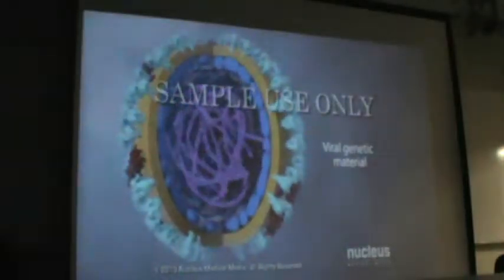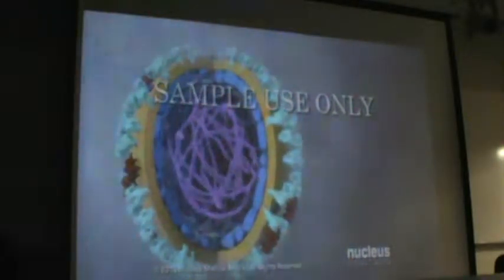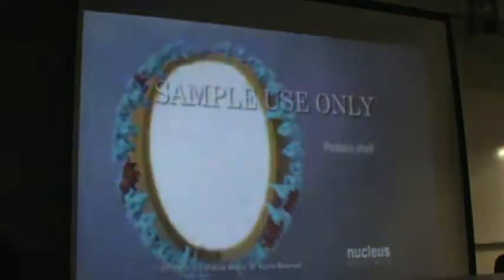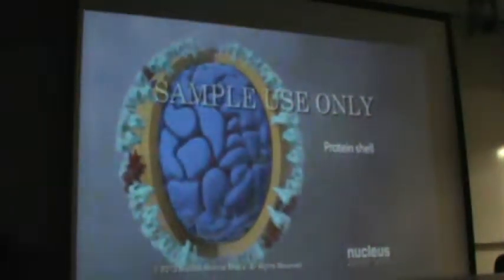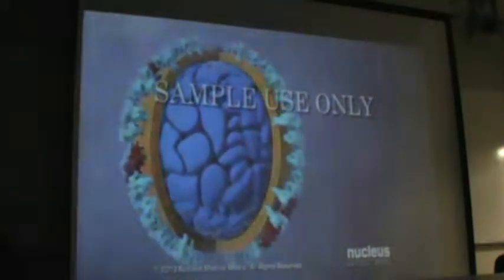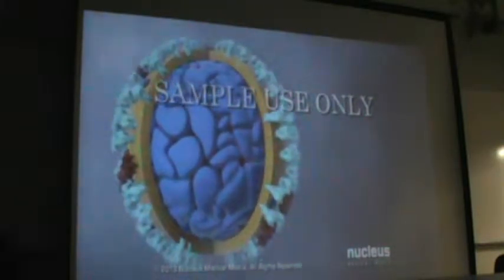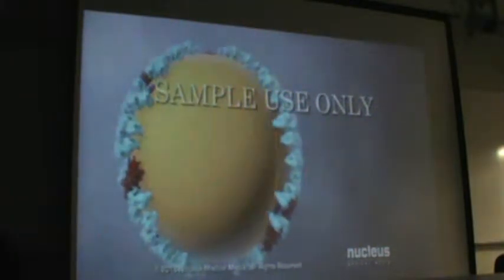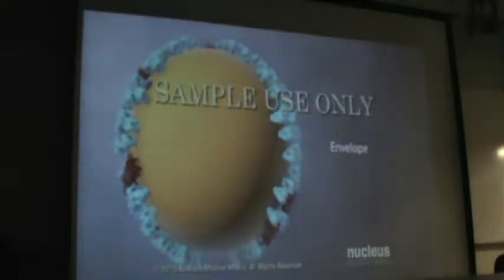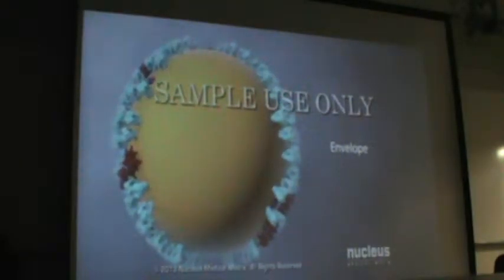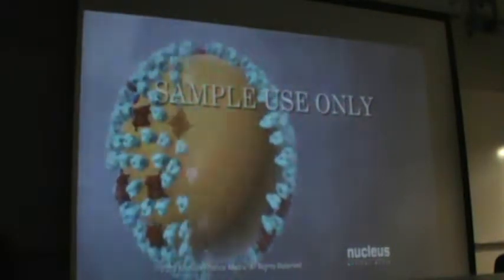Inside the virus, genetic material contains the information to make more copies of the same virus. A protein shell provides a hard, protective enclosure for the genetic material as the virus travels between the people or animals it infects. An outer envelope allows the virus to infect cells by merging with the cell's outer membrane.